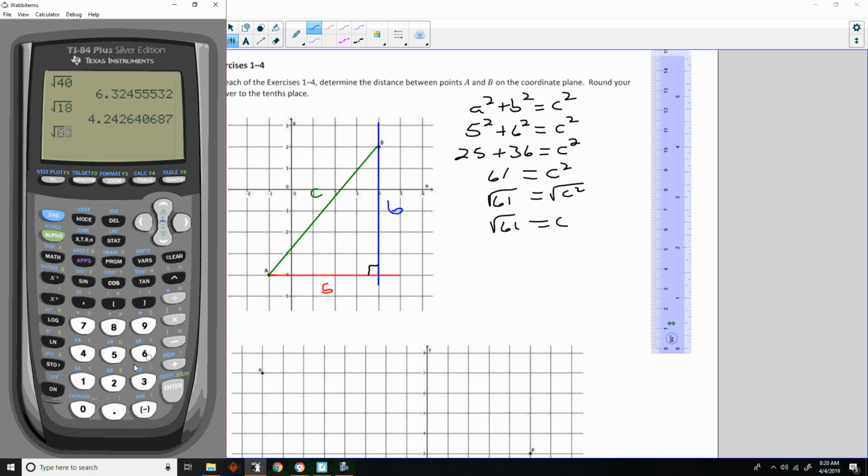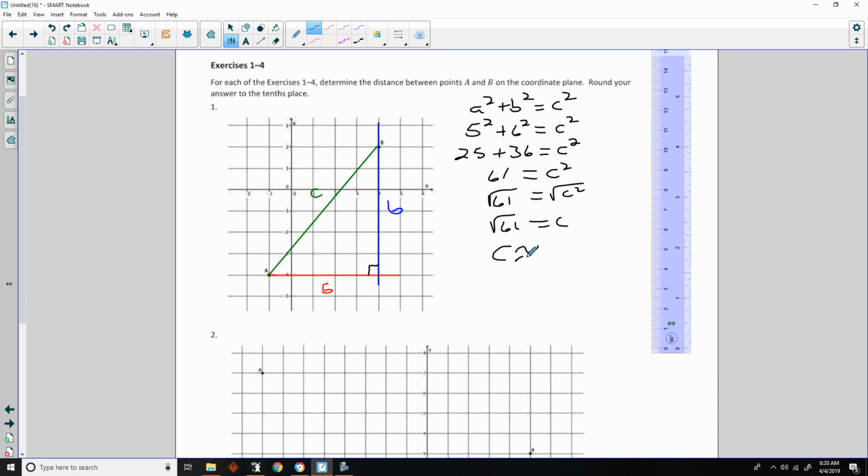Square root of 61, enter, is 7.8. So c is approximately 7.8 units.